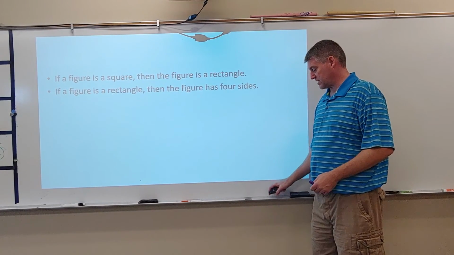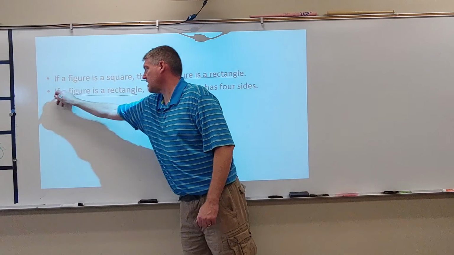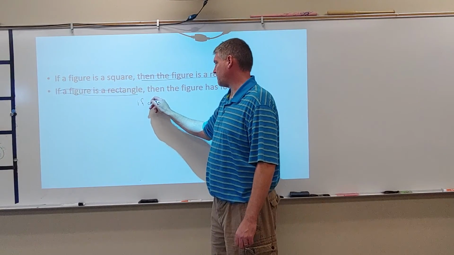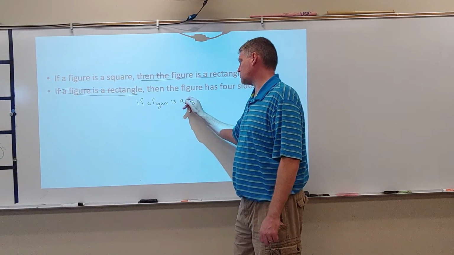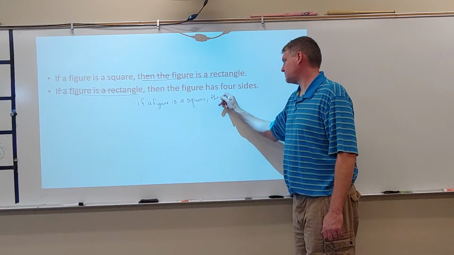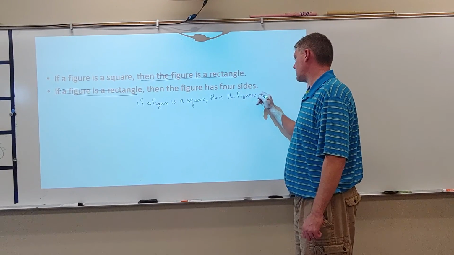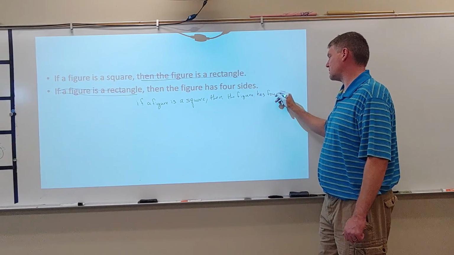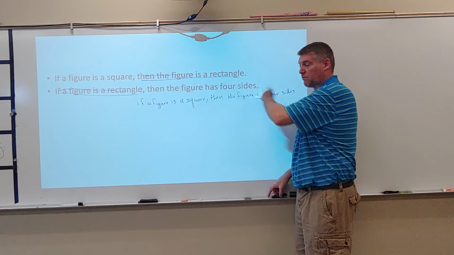The law of syllogism says now, since these are the same, I can disregard them and say if a figure is a square, then the figure has 4 sides. So I'm going to take out that middle piece.